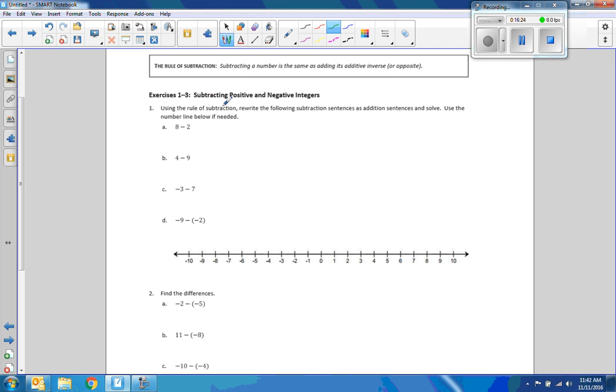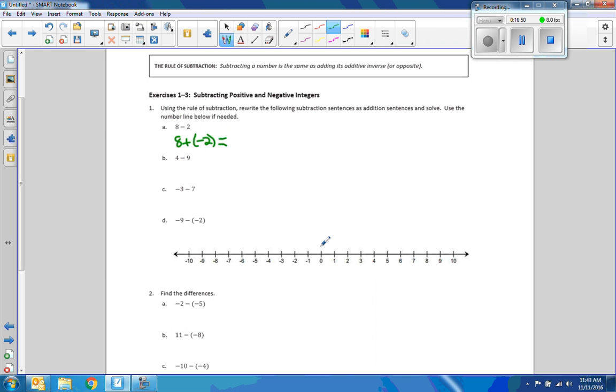Using the rule of subtraction, rewrite the following subtraction sentences as addition sentences and solve using the number line below if needed. So 8 is going to stay the same. Instead of saying minus, I'm going to say plus, and then it's going to be negative 2 equals.